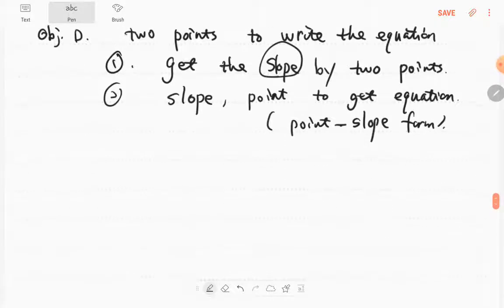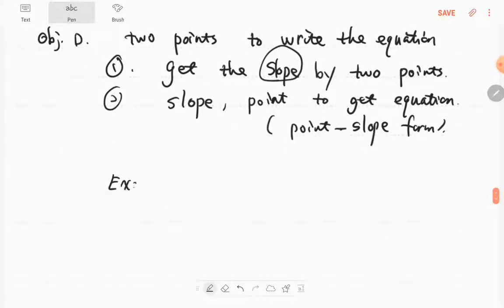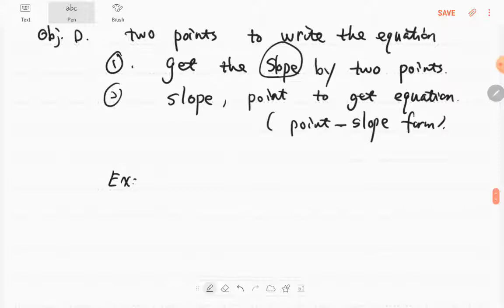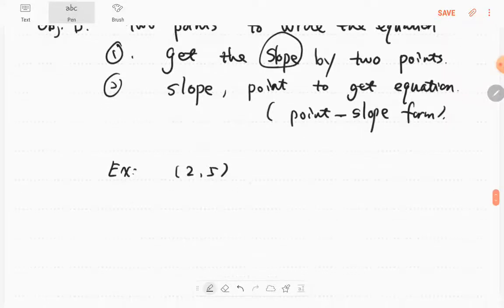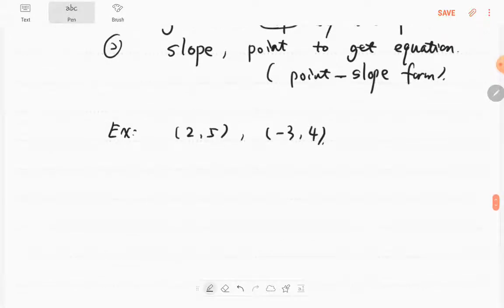So let's check the example we have. If we have these 2 points, we only have 2 points, 2 random points. So first step, we should get the m. How can we get it?